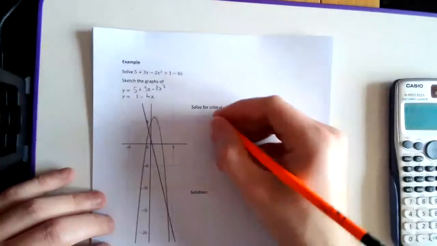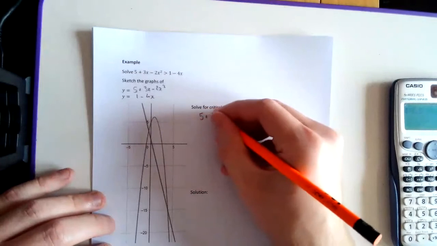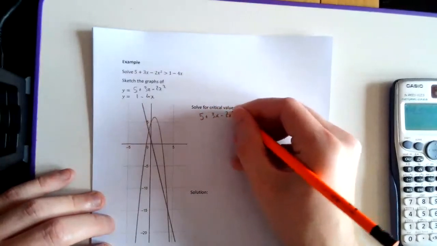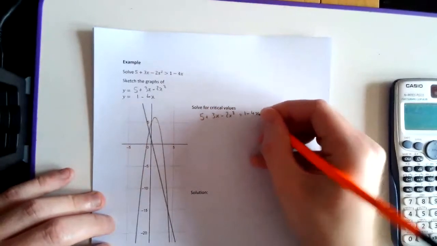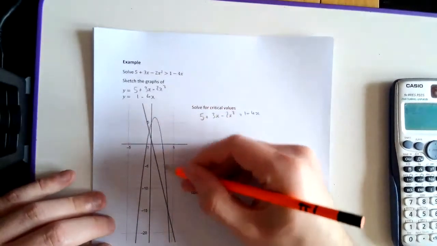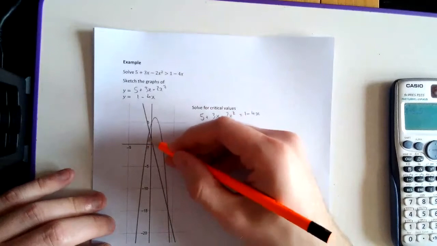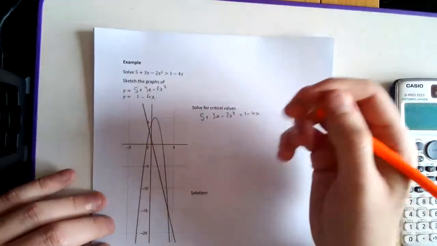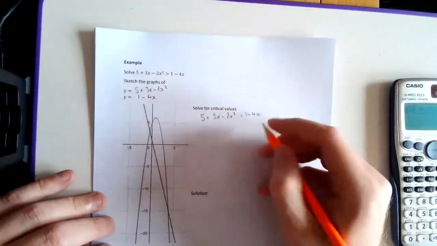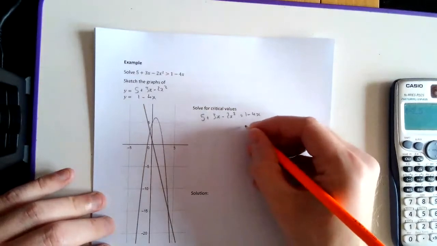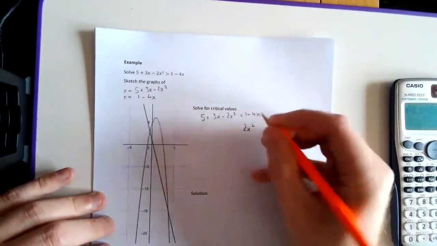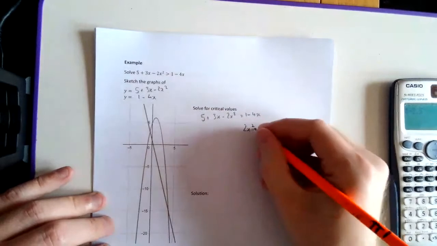So solve for the critical values. So I'm solving when they're equal. Now let's see if I can take a guess from the graph. It looks like 4 and minus, I don't know, 0.5-ish. So I'm going to add 2x squared to both sides. I'm going to take away 3x from both sides.